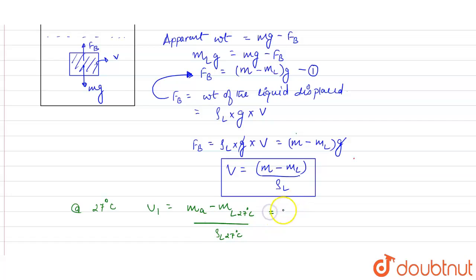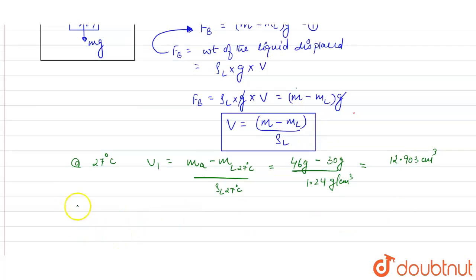So mass of block in air is given as 46 grams, minus mass of the block in liquid at 27 degrees Celsius, given as 30 grams, whole divided by density of the liquid at 27 degrees Celsius, 1.24 gram per centimeter cube. From here the volume will come as 12.903 centimeter cube.